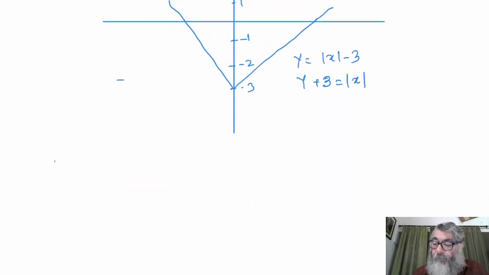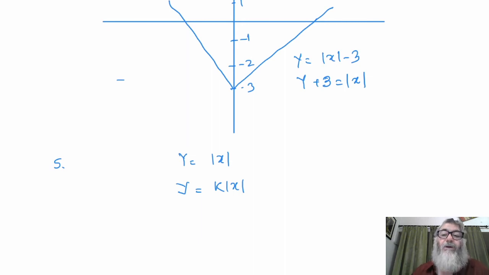Now the fifth one: if y is equal to modulus x and we want to do the transformation y is equal to k modulus x, now if k is greater than 0, there are two possibilities. k is greater than 1, or k is between 0 and 1.